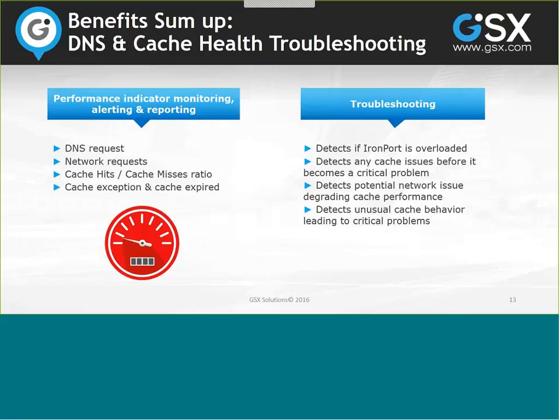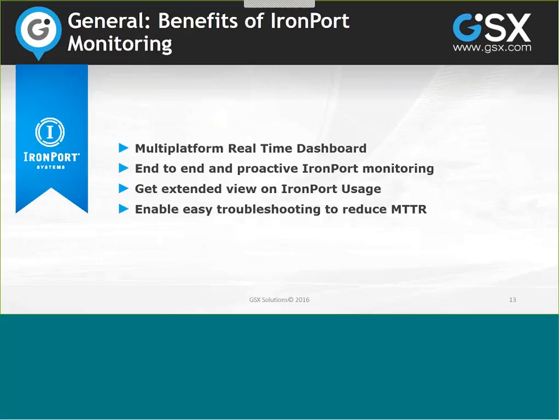So if we go to the last slide before the Q&A session, I just want to give a final general benefit of the GSX for IronPort. GSX, as you have seen, provides you with a multi-platform dashboard that troubleshoots the entire messaging environment. It does not sit on the IronPort appliance, so it's always available, even when your IronPort is facing issues.